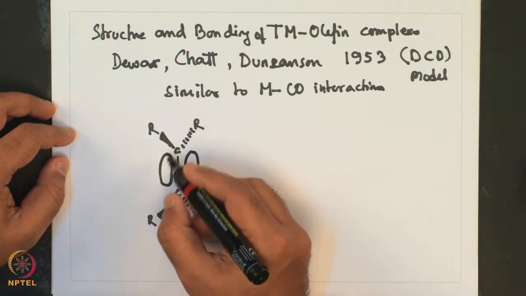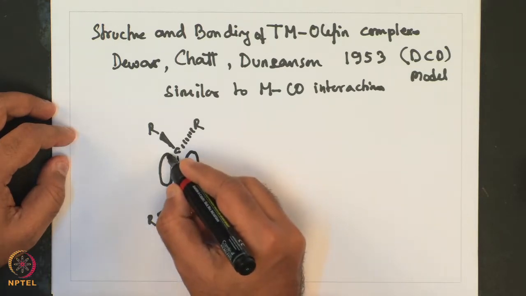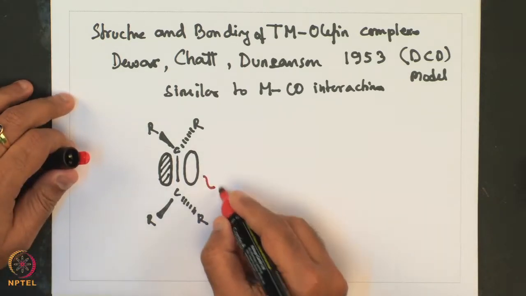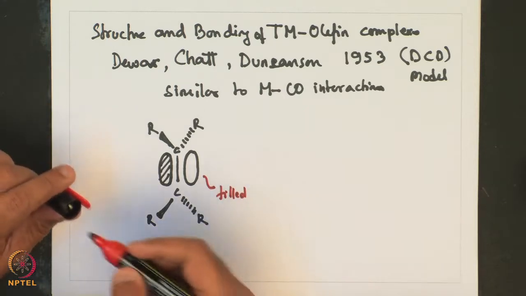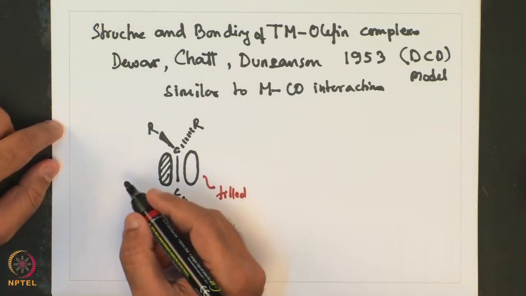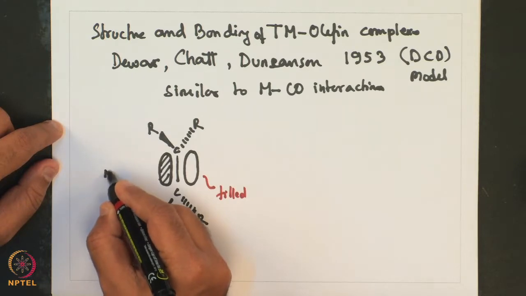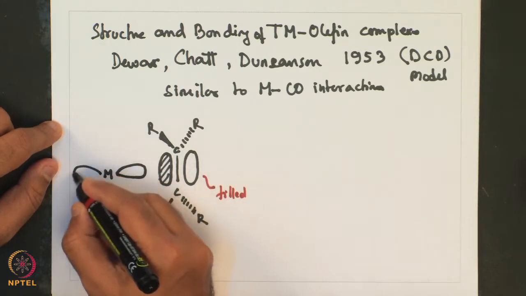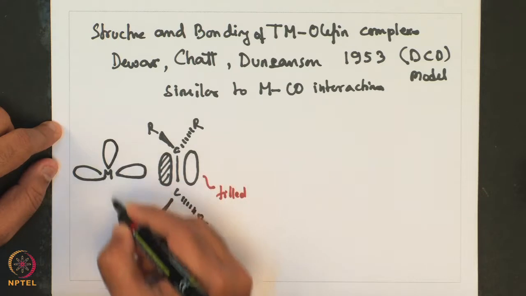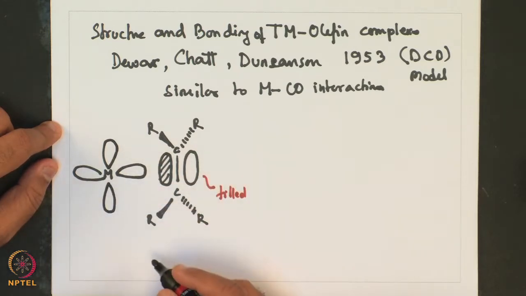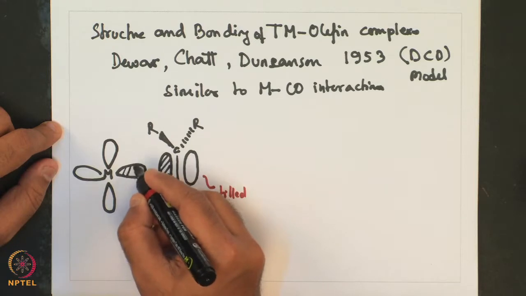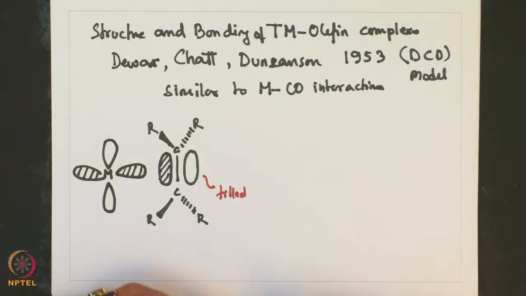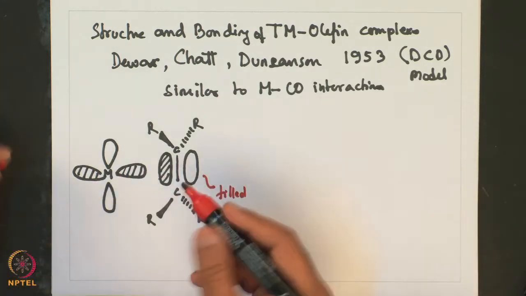and usually this will have opposite symmetry, and this is a filled orbital that would interact with an empty metal sigma type orbital of appropriate symmetry, and this is an empty orbital.